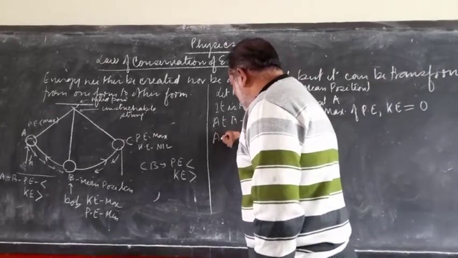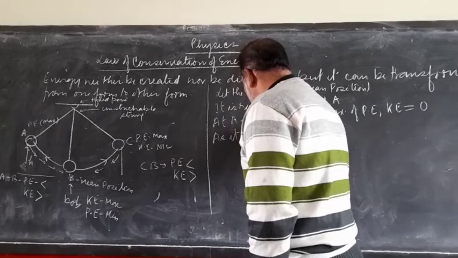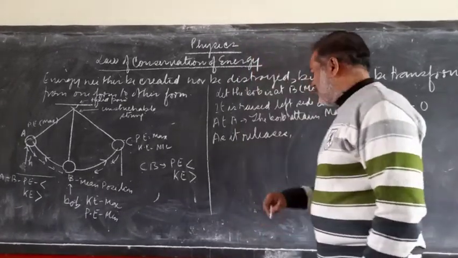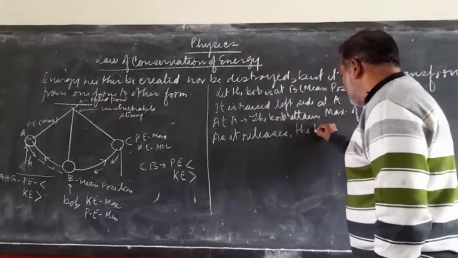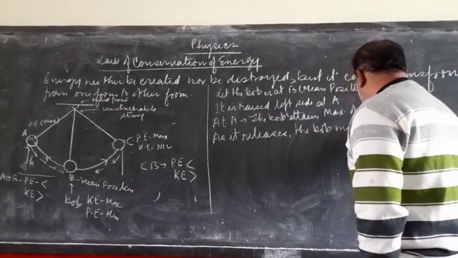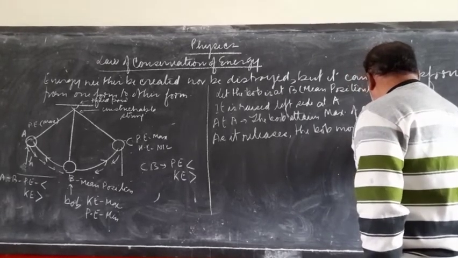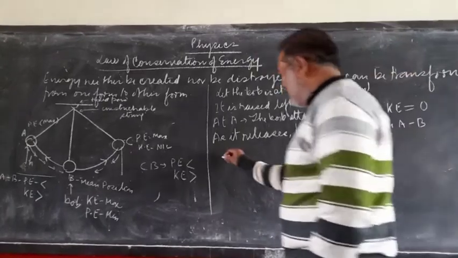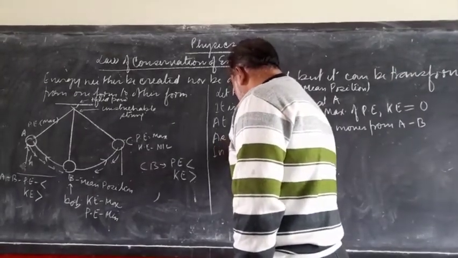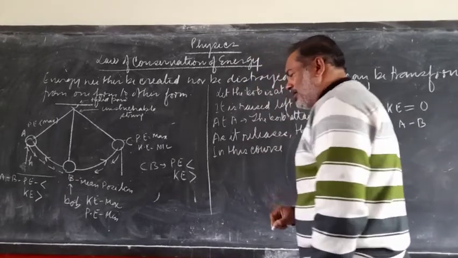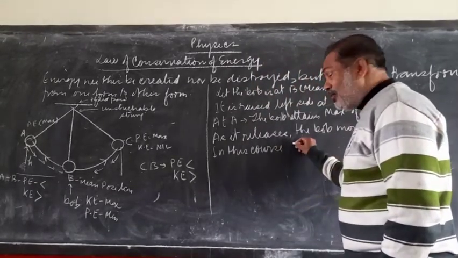As it releases, the bulb moves from A to B. In this course, meaning path, what happened?